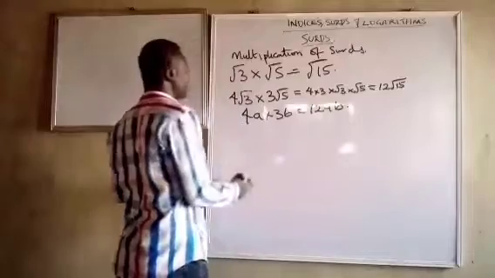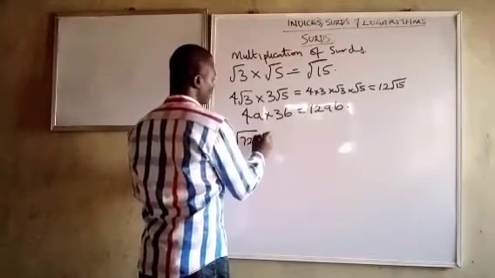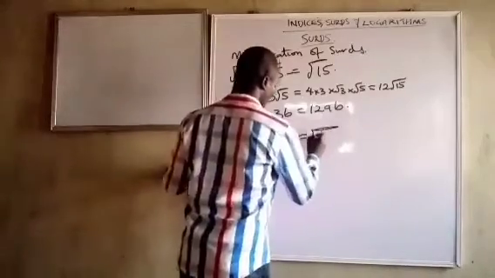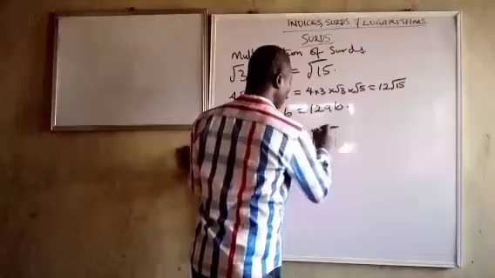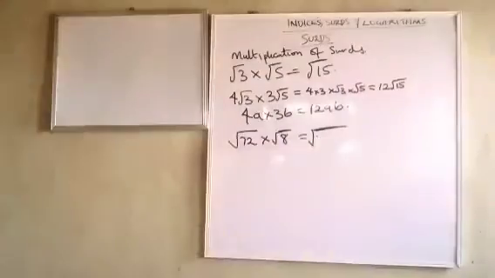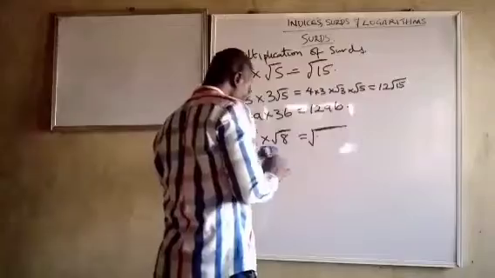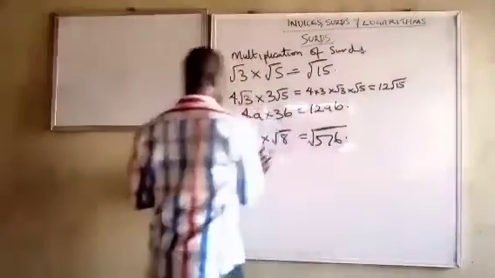We can also have it sometimes like this. You can have, let's say, root of 72 times root of 8. That's okay. 72 times 8 is 576. And you could have even broken it down from here.